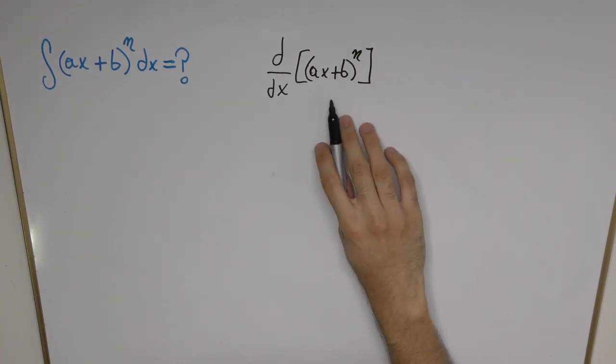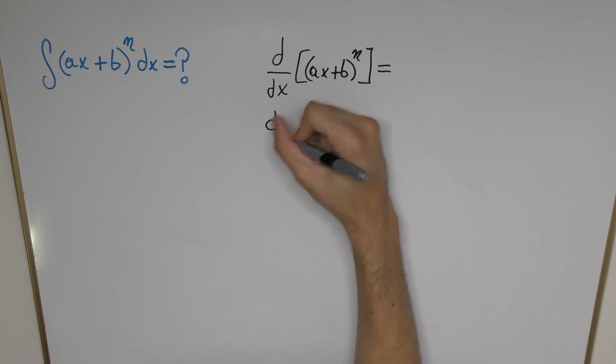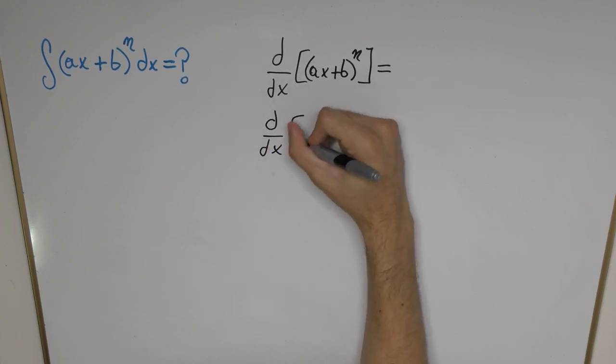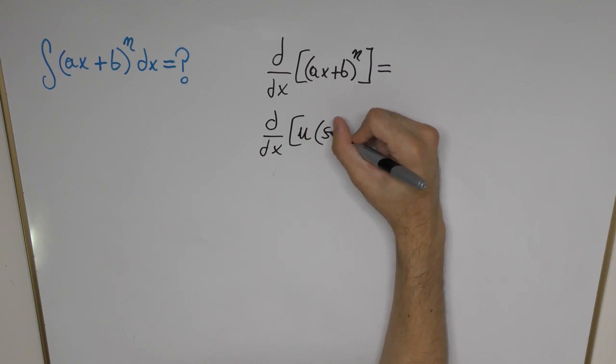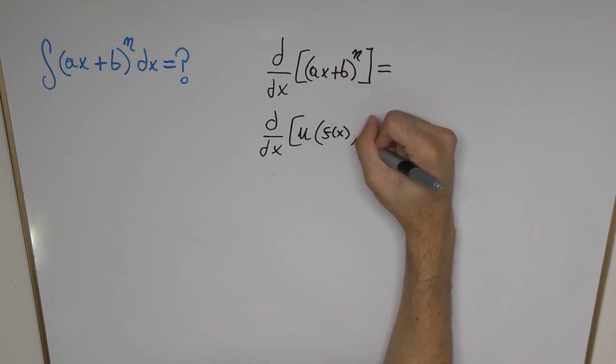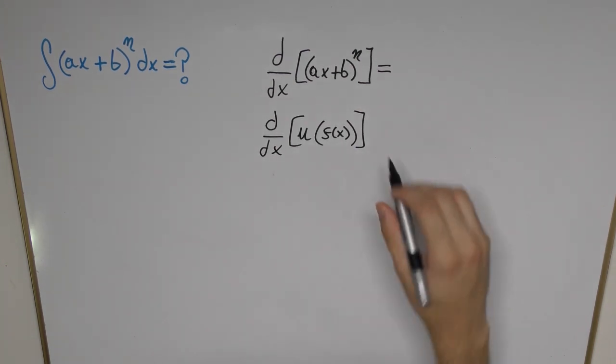And we know that to differentiate this function, we're going to apply something called the chain rule. Now the chain rule tells you that if you have any function like this one, so let's say we're differentiating a function u that is in itself a function of x. So here we have a function inside a function.